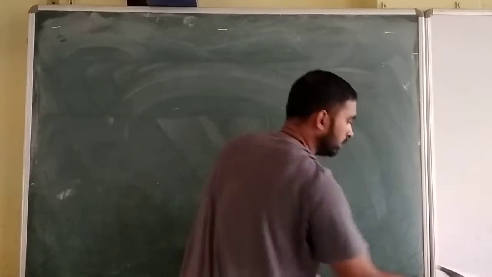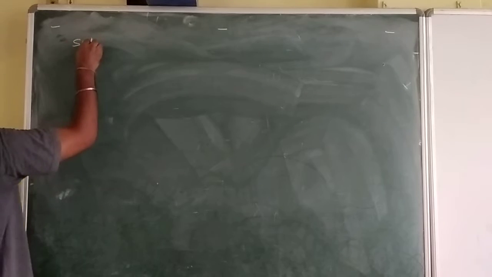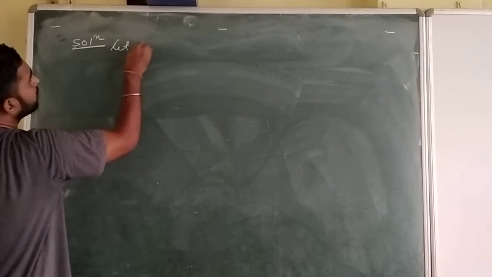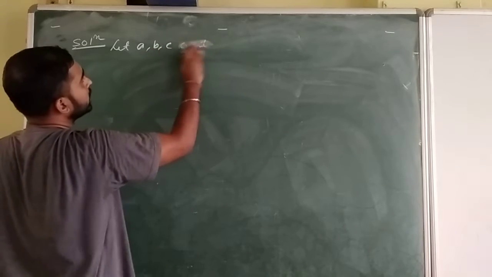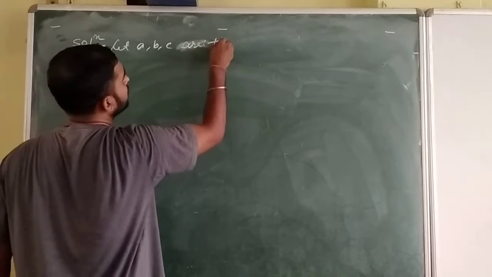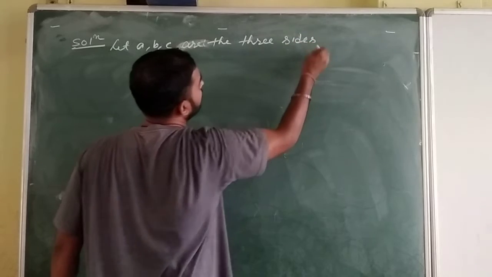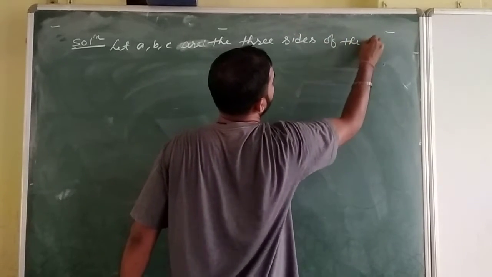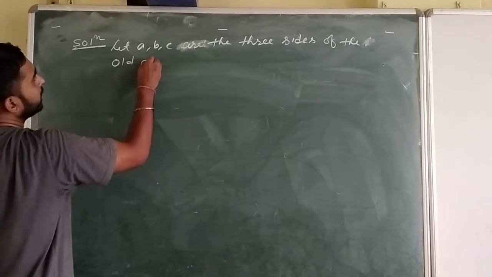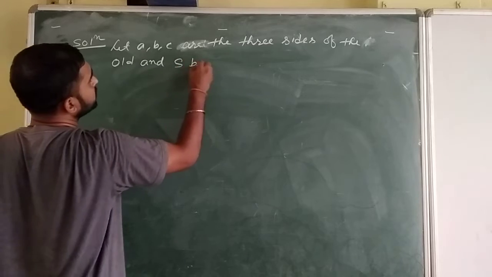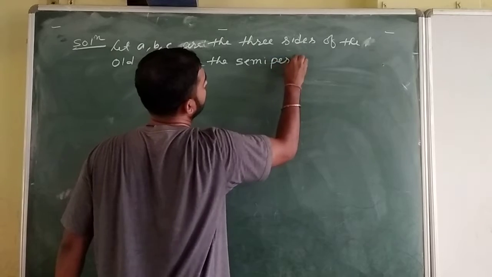So here there are two types of triangle. First one, let A, B, C be the three sides of the whole triangle, and S be the semi-perimeter.